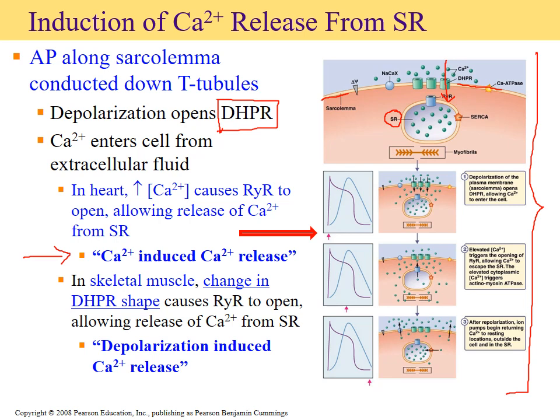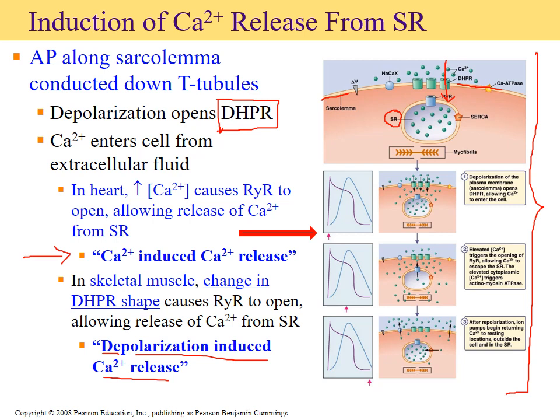So it doesn't wait for the concentration of calcium to increase. It responds to the depolarization directly through the DHPR receptor. In that case, we have a depolarization-induced calcium release. Just because one receptor opened up, the second one opened up as well and was excited.